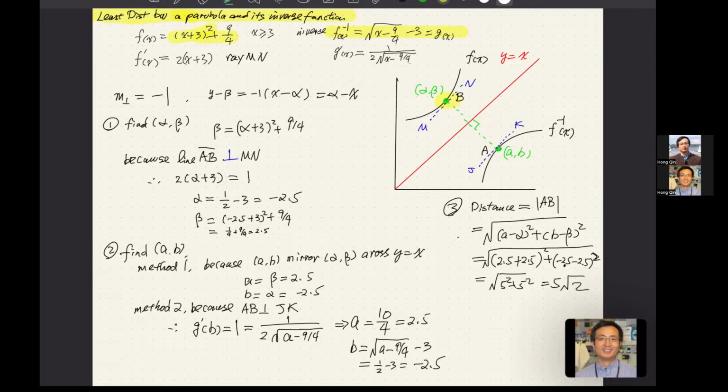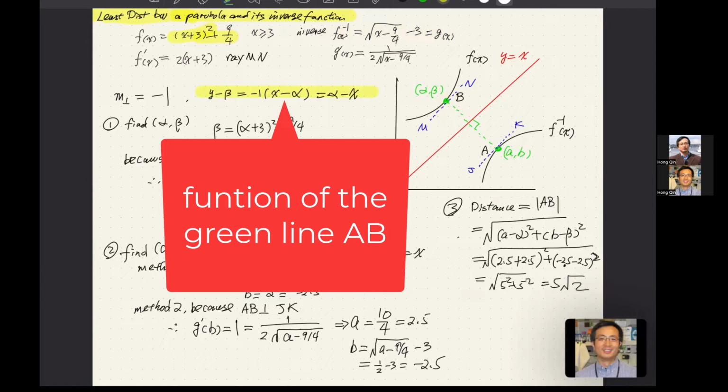That point is, let's call it, alpha beta, that's point B. On the inverse function curve, there's the point A. We call that with the coordinates small a, small b. So that's the linear function of the green line AB, with a slope of -1.